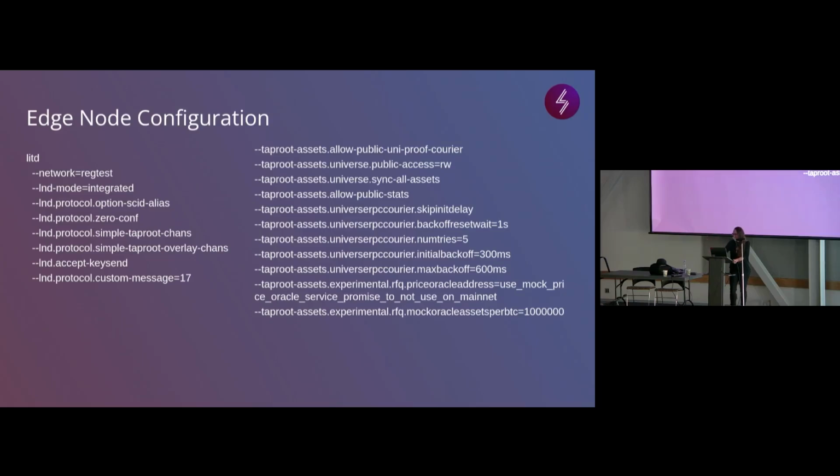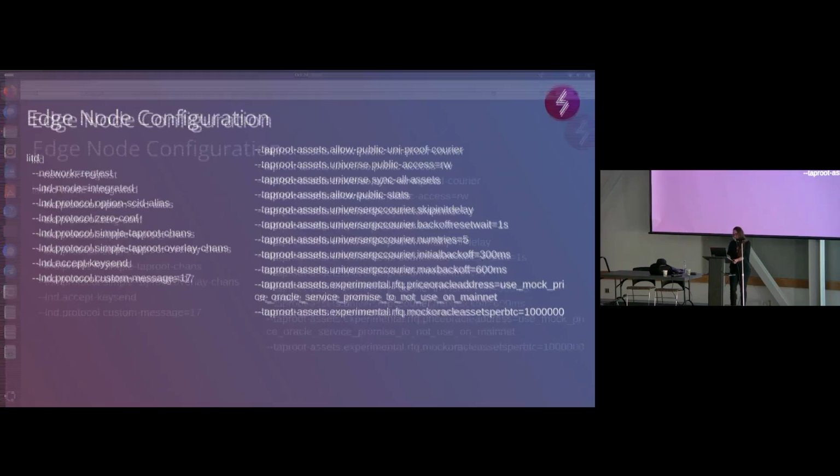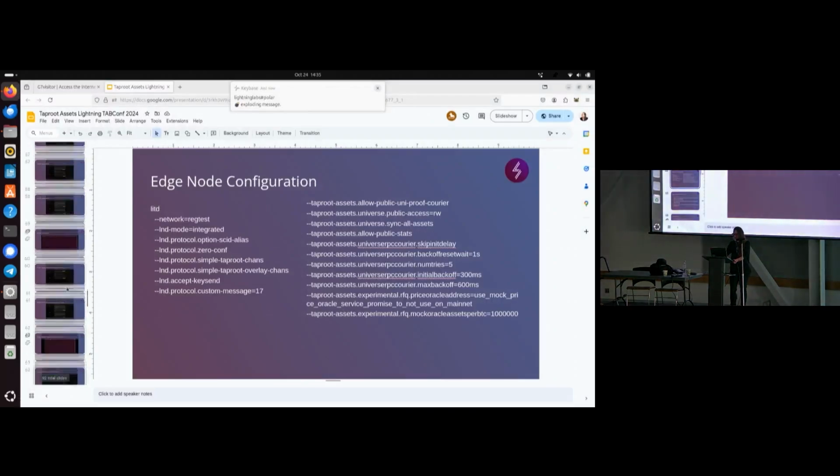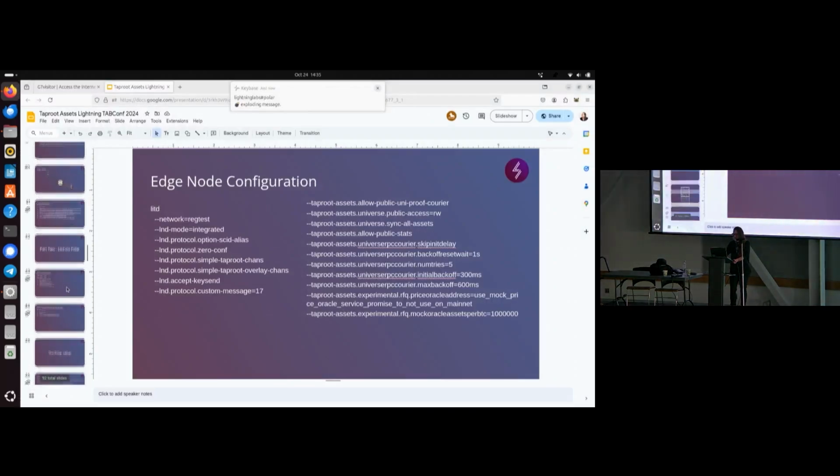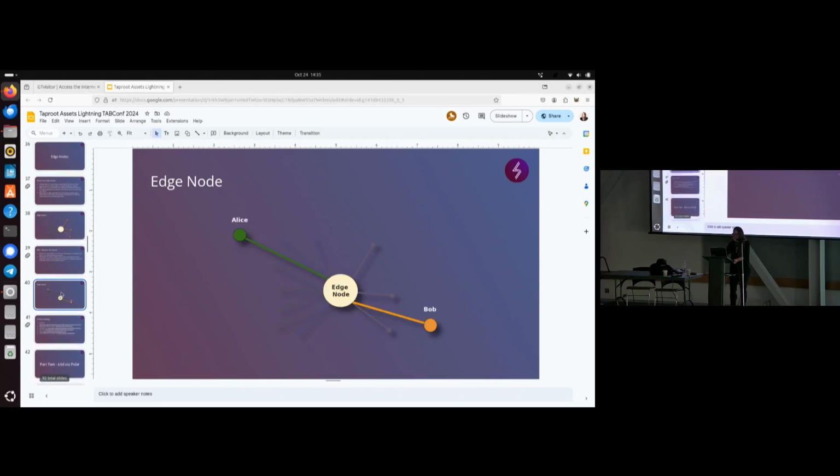What's a price oracle? Great question. Okay, so let's look at the pretty picture. Here we go. In this scenario, Alice wants to send USD through this edge node, and then Bob wants to receive Satoshis. This edge node has to know what the current exchange rate is, or what exchange rate it's comfortable with, right?